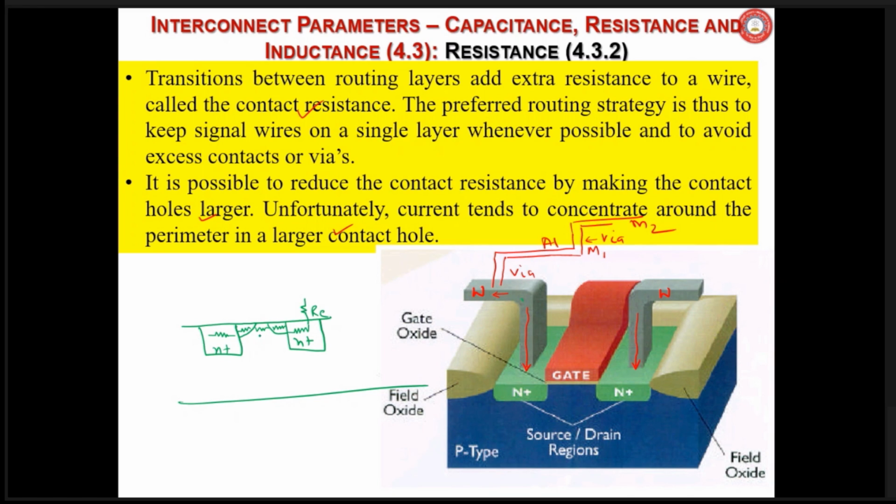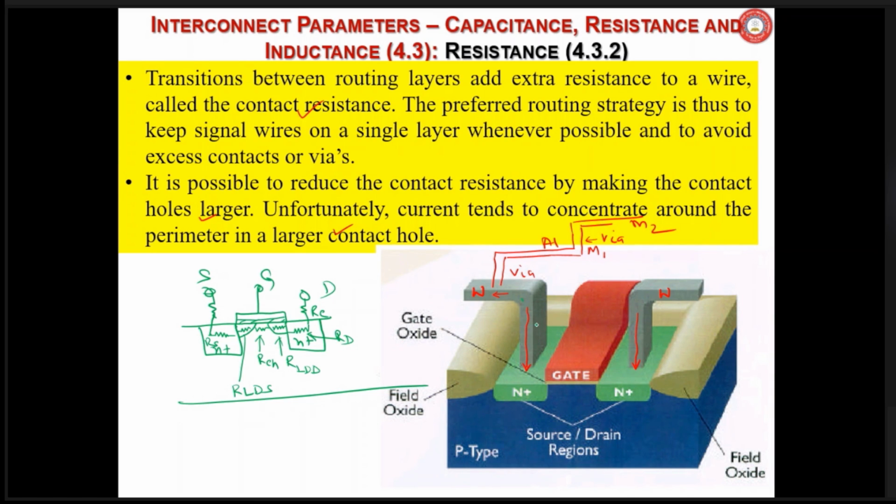This is RC, let me call it RCh, channel resistance. And this is RD, drain resistance. This is RS, source resistance. And this is RLDD. This is RLDS. This is your source, this is your drain. Did I discuss this or not? Tell.